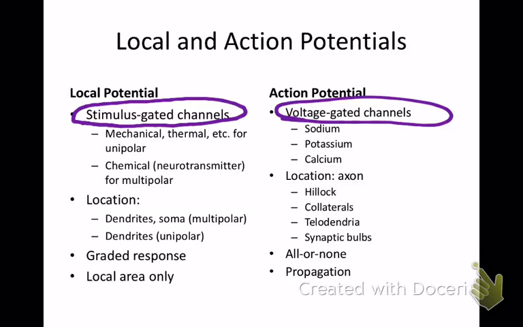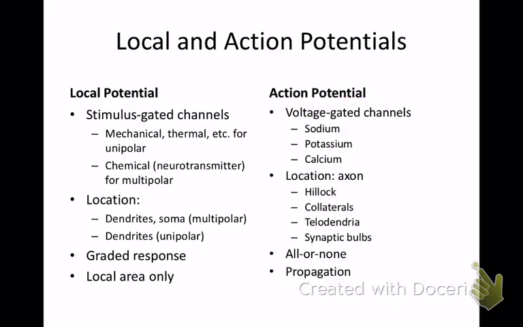Let's talk a little bit about our stimulus-regulated gates because we really haven't talked about those much. We talked about the functional categories, but not the stimulus type. So we have mechanical gates, we have thermal gates, we have chemical gates. All right, so trick question time again. What opens a chemically regulated gated channel? A chemical of some kind.